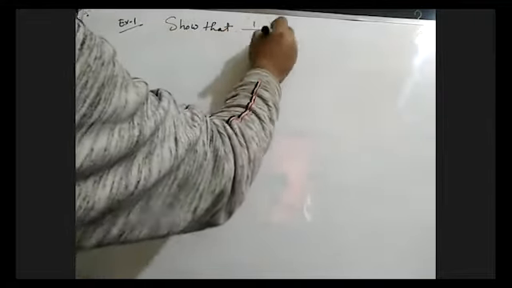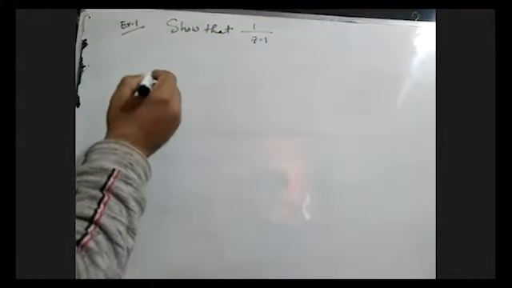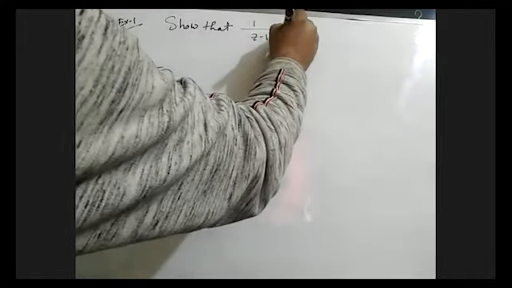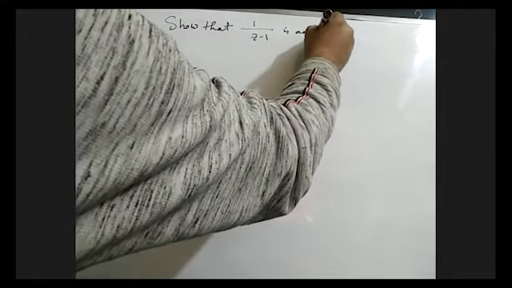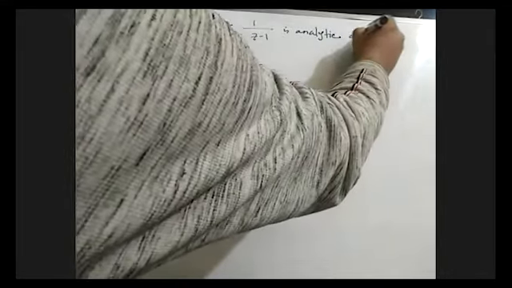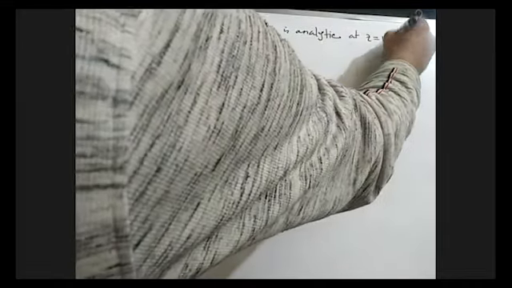Example 1: show that 1 by z minus 1 is analytic at z equals 1 plus i.